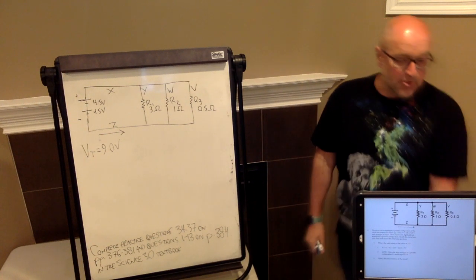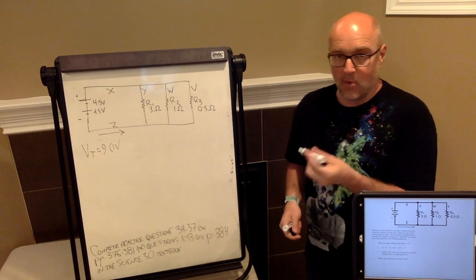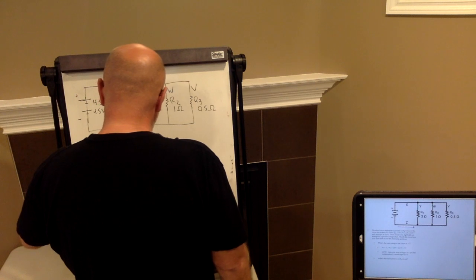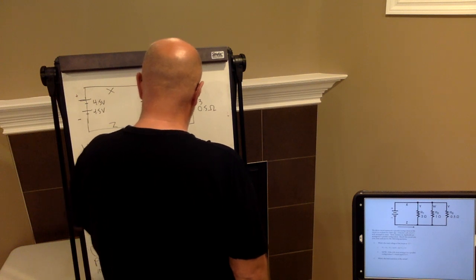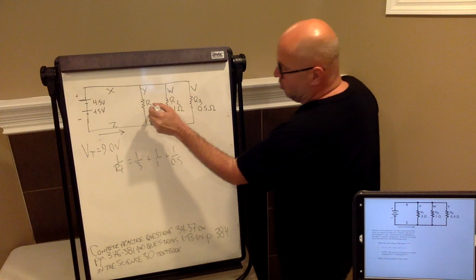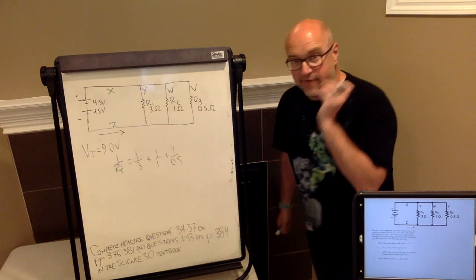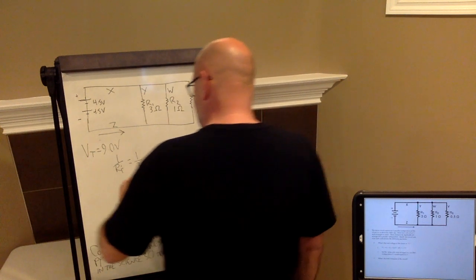All right, what would the total resistance of the circuit be? Here's what I've got to use, my 1 over equation. So I'm going to have 1 over RT equals 1 over 3 plus 1 over 1 plus 1 over 0.5. I'm going to have to multiply these out to get a common denominator.